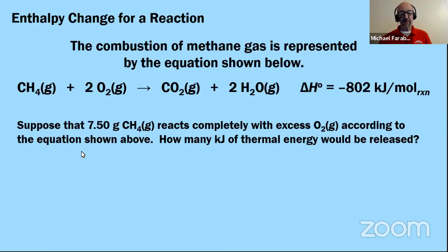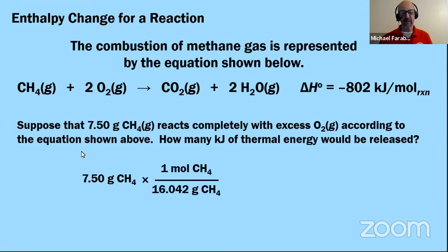The first thing that I am going to do is convert grams to moles. So the periodic table tells me that carbon weighs approximately 12.01 and hydrogen weighs 1.008. So I have 4 hydrogens and 1 carbon. So my molar mass of CH4 is 16.042. But now I have to convert into kilojoules of thermal energy.